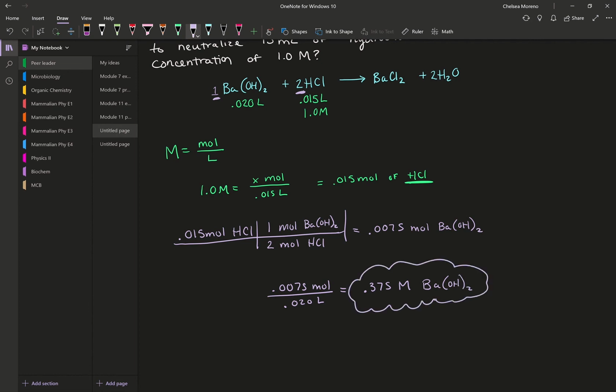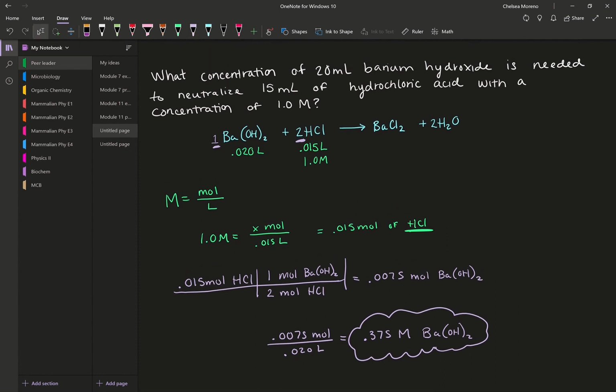What I do want to point out though is imagine if we were to be doing M1V1 equals M2V2. We would have just plugged in these values here, right? This one and then these two. But the thing is that we would have never used the molar ratio.